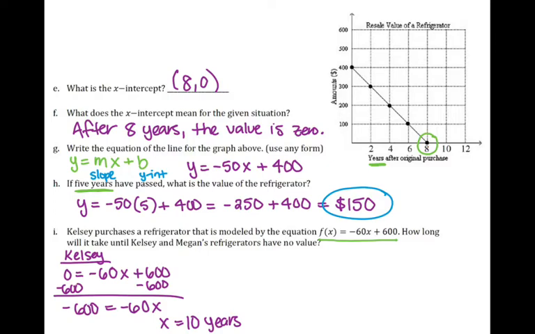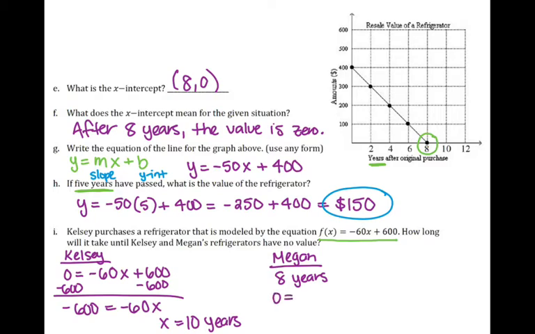For Megan, you can do it a couple different ways. Megan's refrigerator is represented by the graph. If I look at the graph, it has no value after 8 years. I can just look at the graph and see where the value is 0. That's right here. That was our x-intercept. So 8 years. Or if you wanted to take the same route that you did for Kelsey, you can set Megan's equation equal to 0.